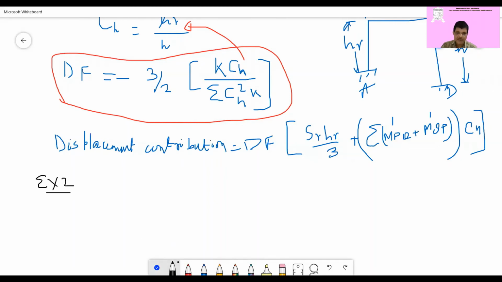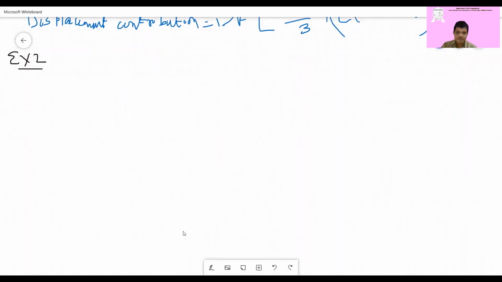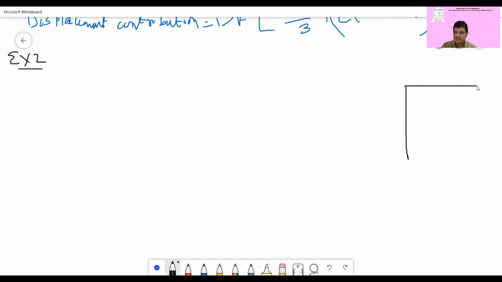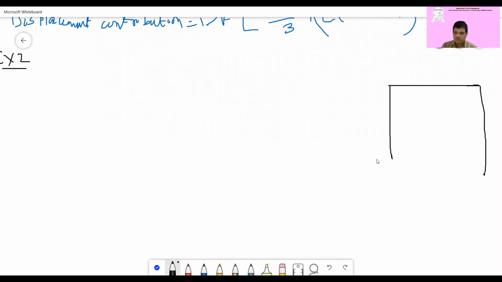In example 2, we will find the problem for this. Let us go for a problem like this. So now this height is 3 meters.